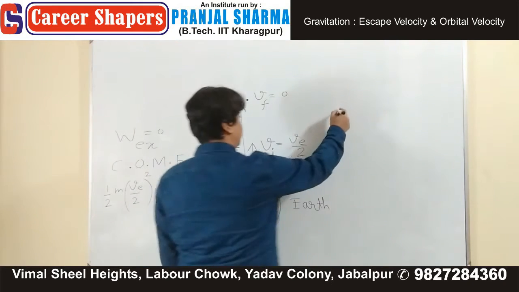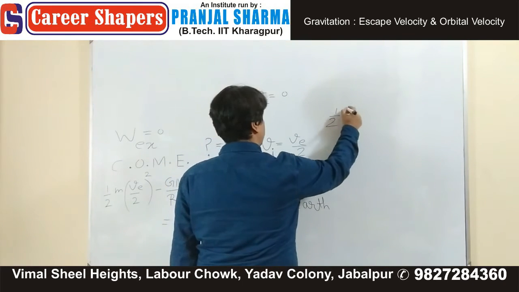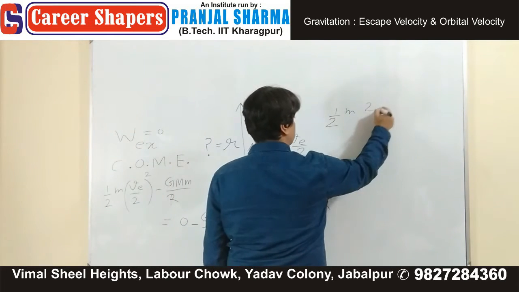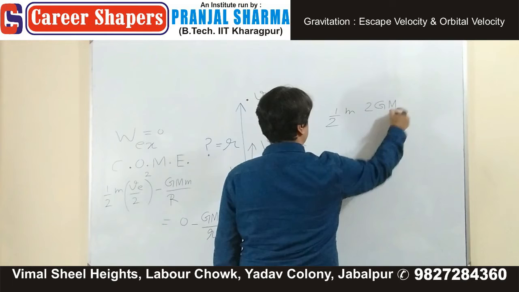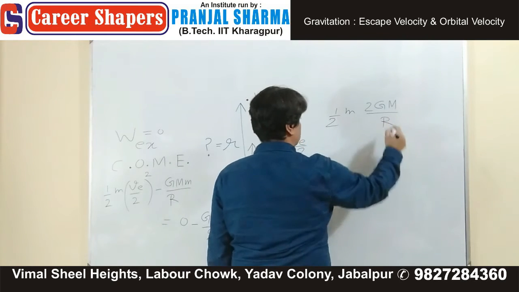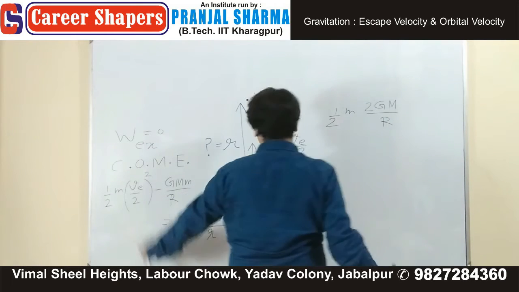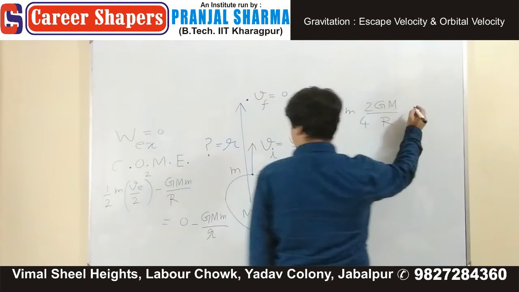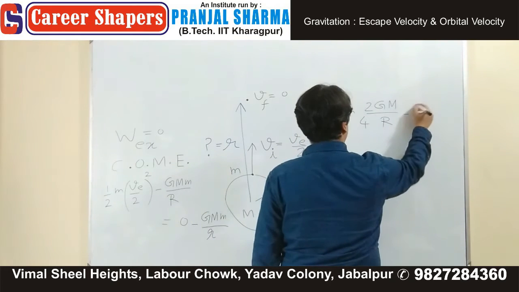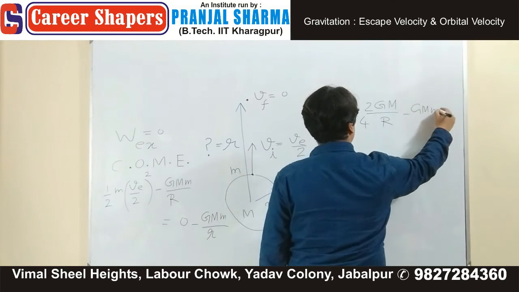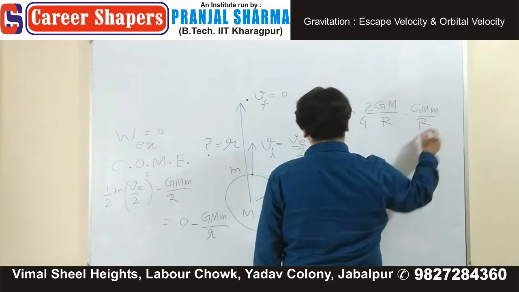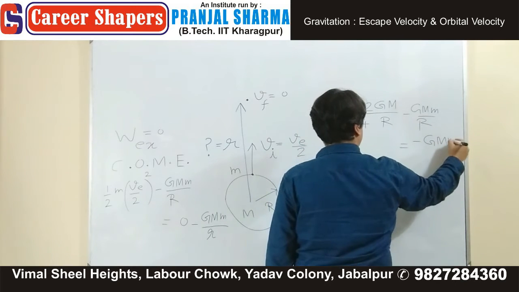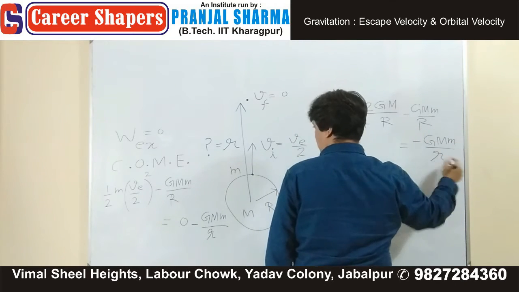This is coming half of m. What was v? Root 2GM by r. Square will be 2GM by r, divided by 2 square, which is 4. Minus of GMm by r equals to minus of GMm by r.